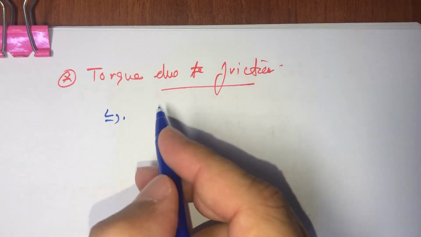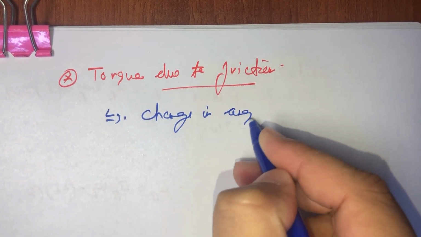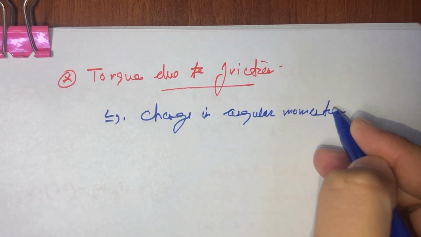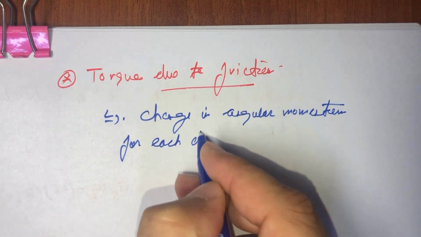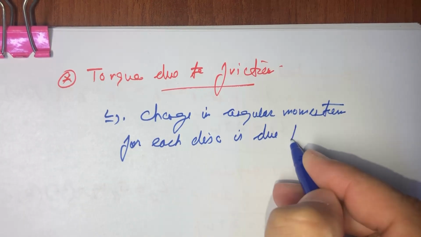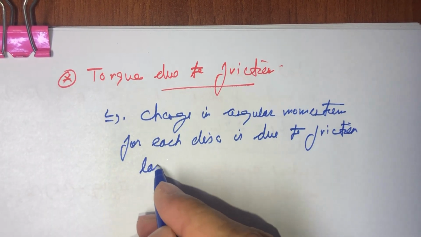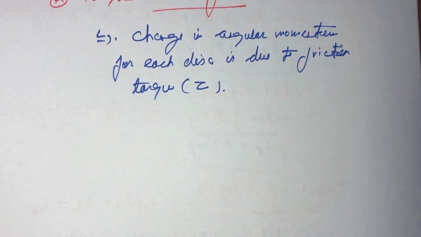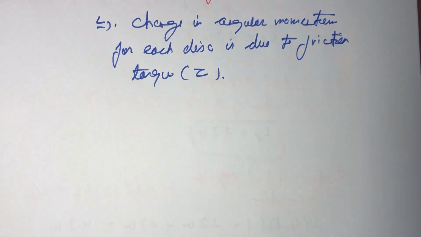So here we can say that the change in angular momentum for each disk is due to frictional torque. Let us suppose that is given as tau. Therefore, let us find out for each disk.